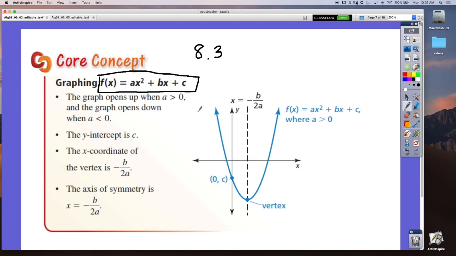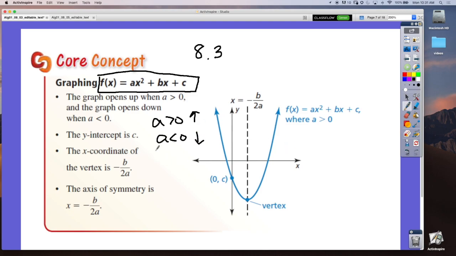It's the most common, and there are three things that are super important. Actually, this gives you four, but you already know the first one. So if a is positive, a is greater than 0, which way is it facing? It's opened up. Okay, so if a is negative, less than 0, it faces down.